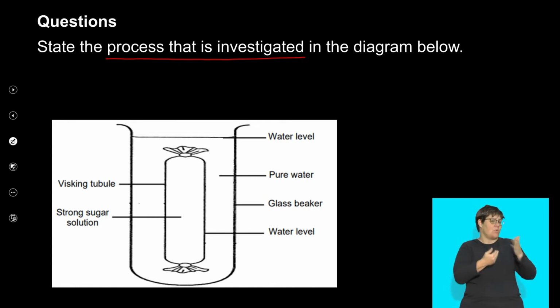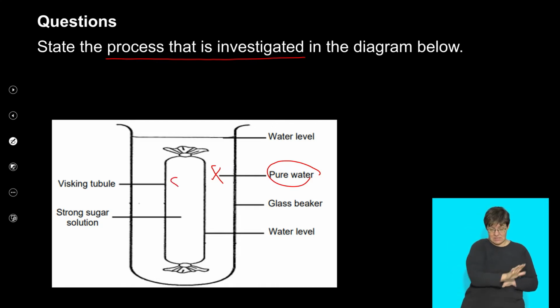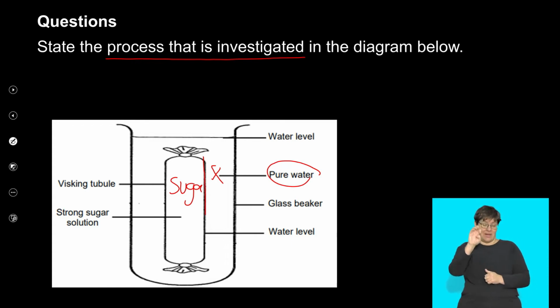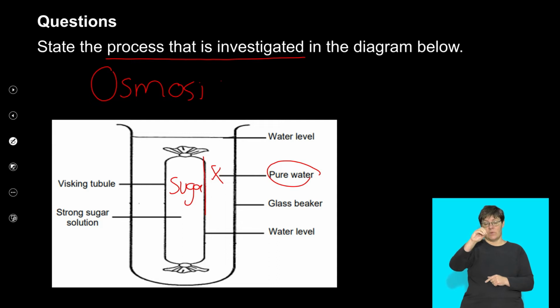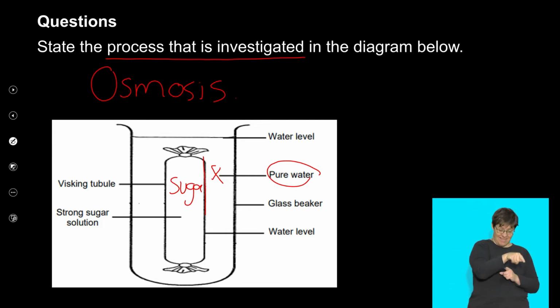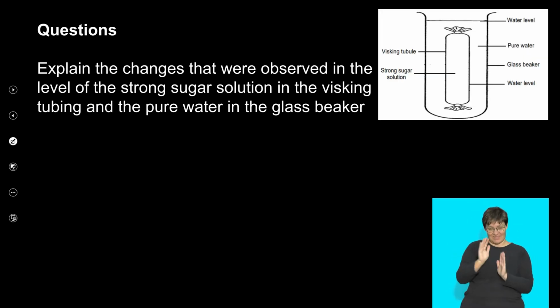Now let's have a look. I had water on the outside, I had sugar on the inside, and in between the 2 of them, I had a semi-permeable membrane. So obviously the process that I was going to look at was osmosis. Okay, there we go. I had water, I had sugar, and I had this membrane in between them.